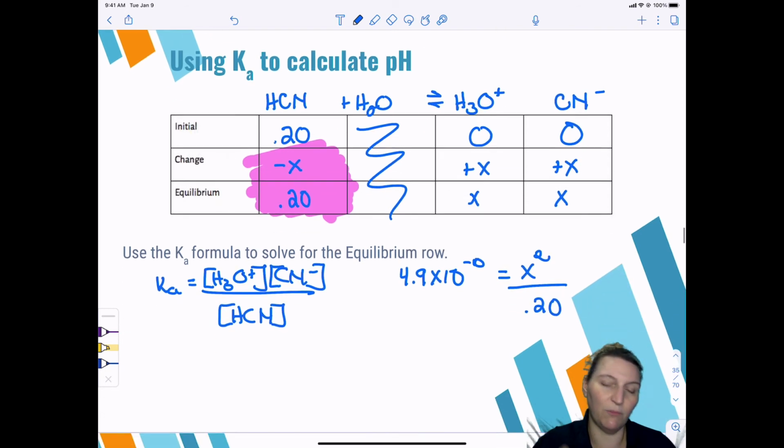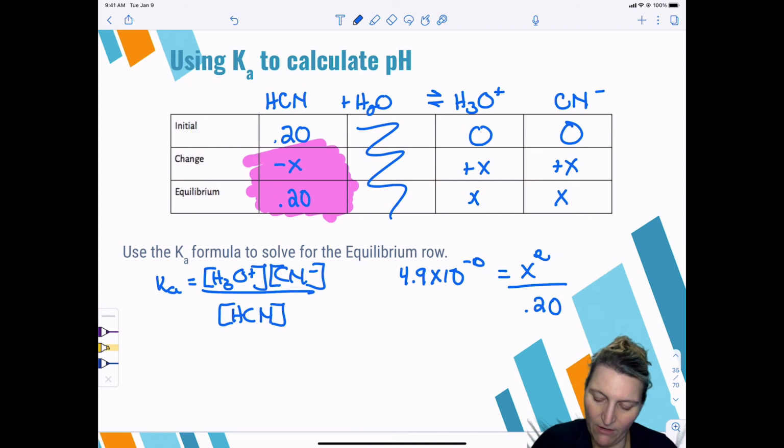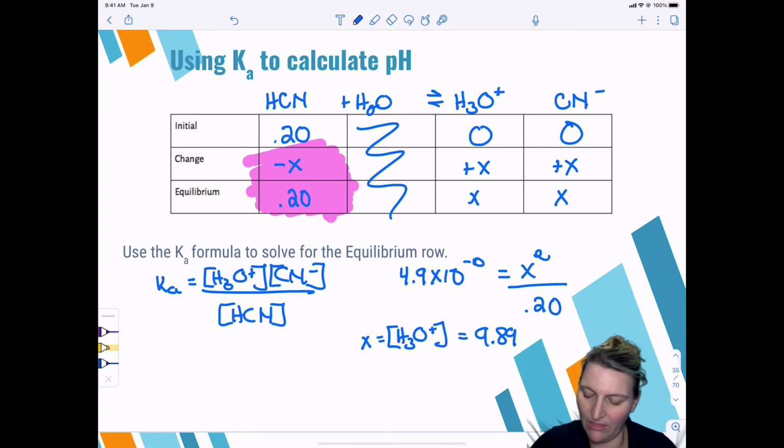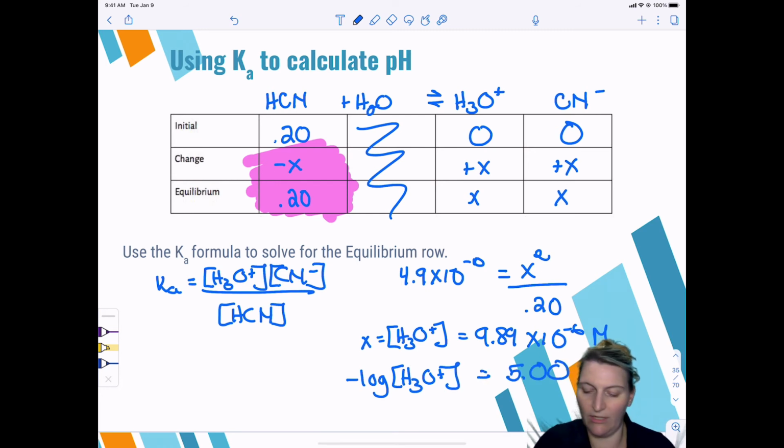I multiply, take the square root. I figure out that X, which is really the concentration of the H3O plus, is equal to 9.89 times 10 to the negative 6 molarity, and then I take the negative log of the concentration of the H3O plus, and I get 5.00. We talked about this in the last chapter, right?